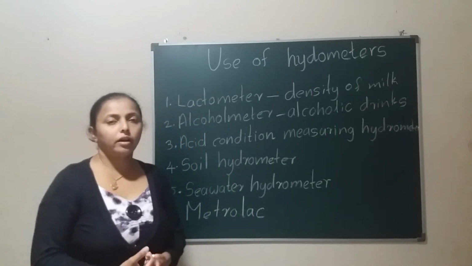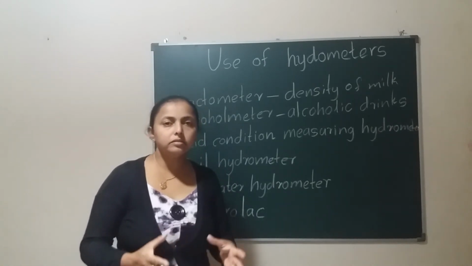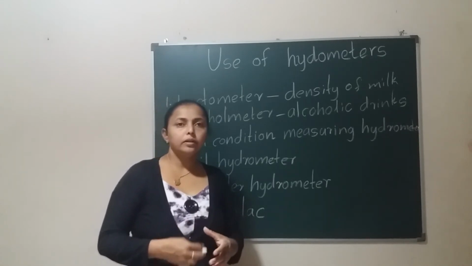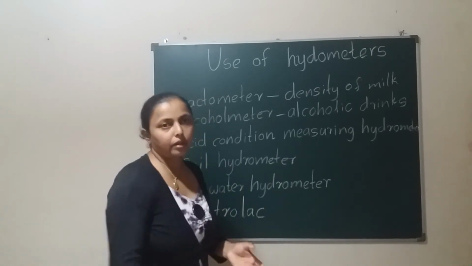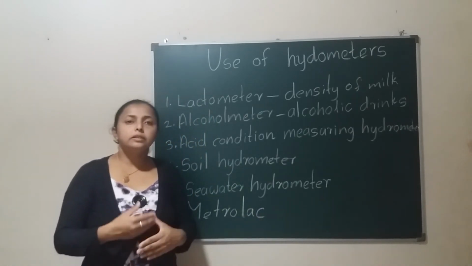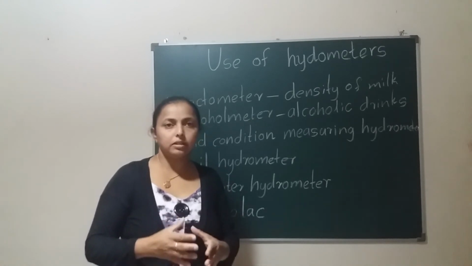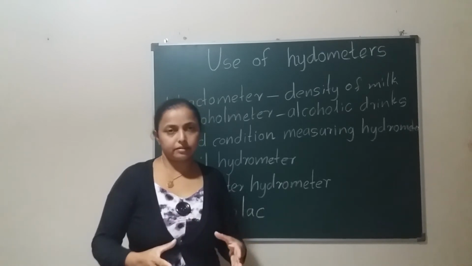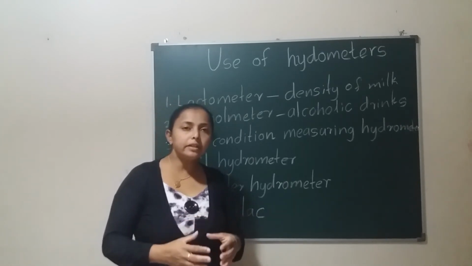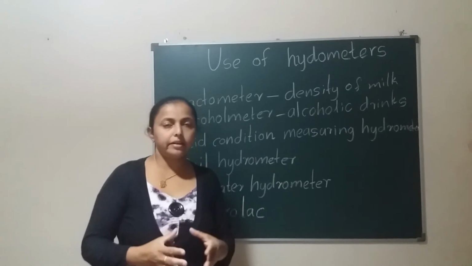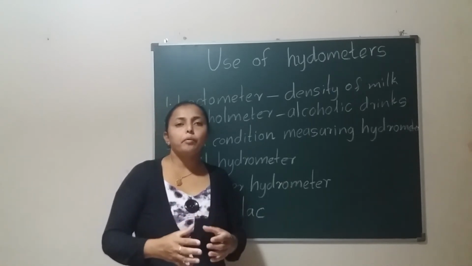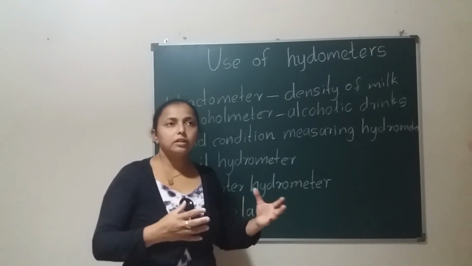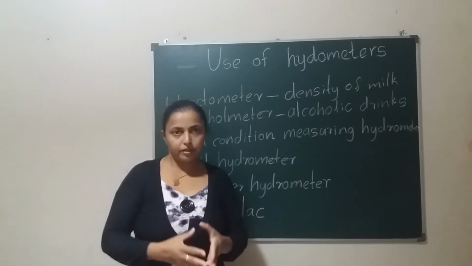You know, in vehicles, there are lead acid batteries. After a certain time, the charge of the battery gradually decreases. Then by measuring the density of that acid, we can determine the charge of the battery.